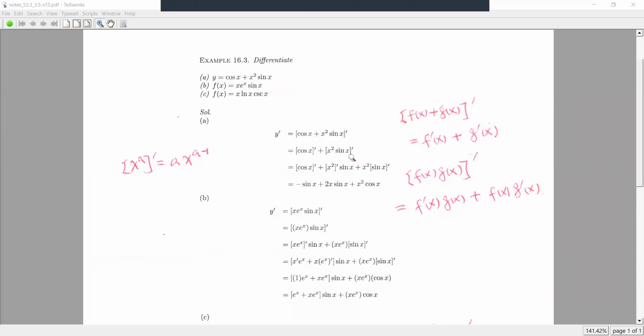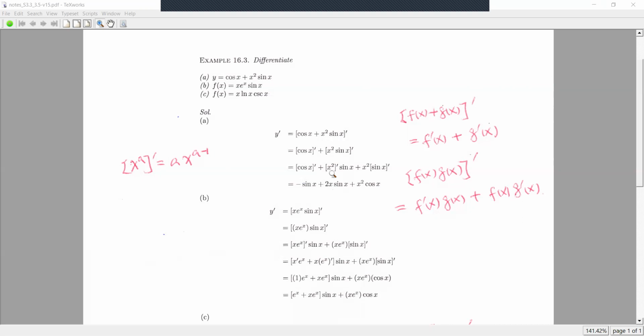For this derivative, the function is a product. The function x squared times the function sine x. So we apply product rule to this derivative to get this equation. Now, derivative of cosine is negative sine.